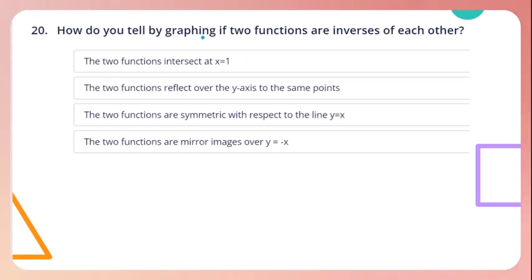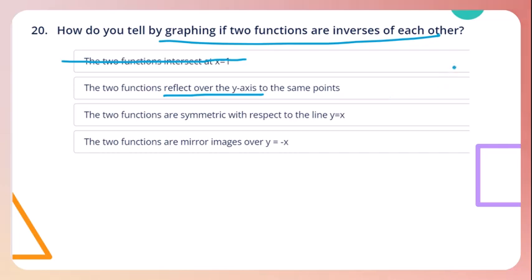All right, how can you tell by graphing if two functions are inverses? The two functions intersect at x equals 1. That's not the definition that we looked at or the examples that we looked at. The two functions reflect over the y-axis. Well, the y-axis is here, so those are not reflecting over the y-axis or over the x-axis.